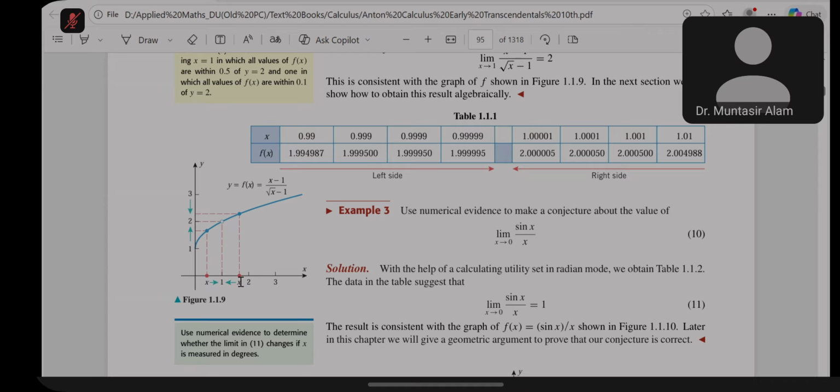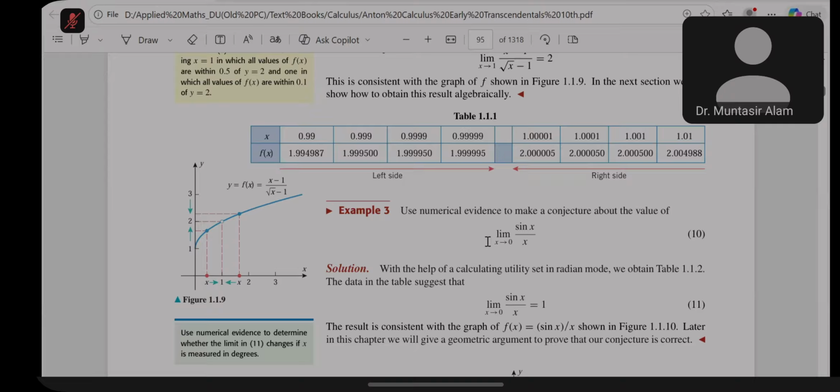As well as if we approach 1 from the right hand side, the function value approaches 2 from the upper side. That's why the limit does exist at the point x equal to 1.